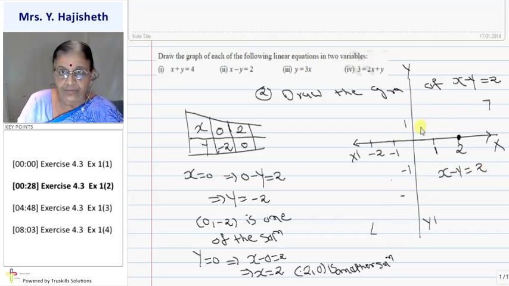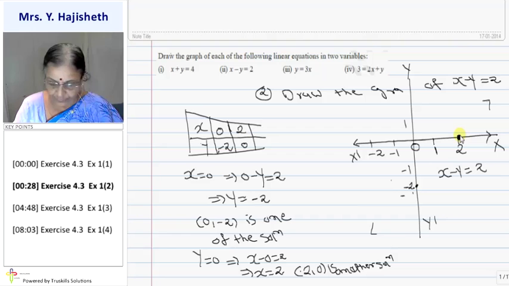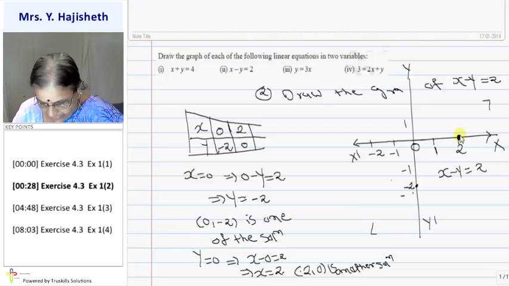Where they meet is O, minus 1 and this is minus 2, okay? This is your 2. So my graph will be like this.